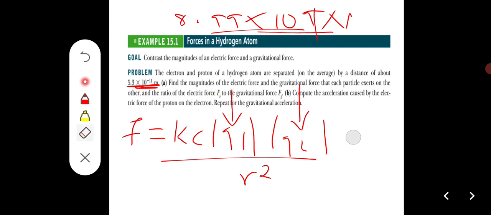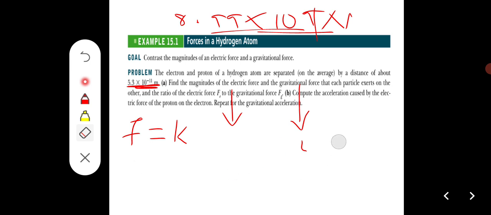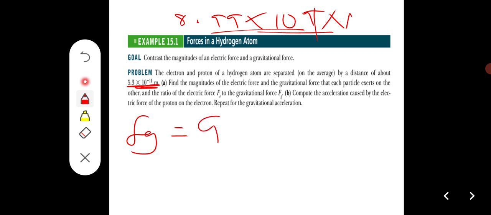Then for the gravitational force, the formula you are going to use is gravitational force equals G times M1 M2 divided by R squared.